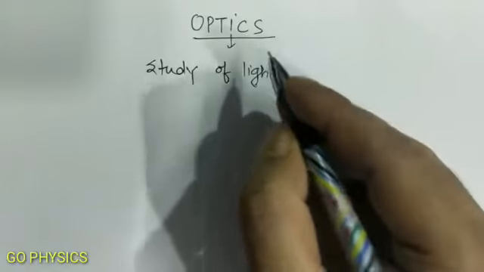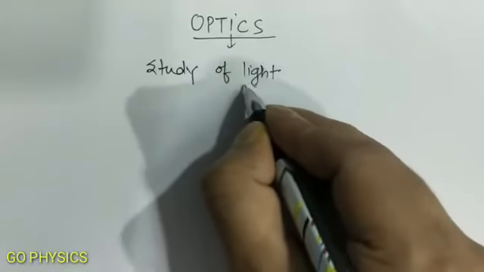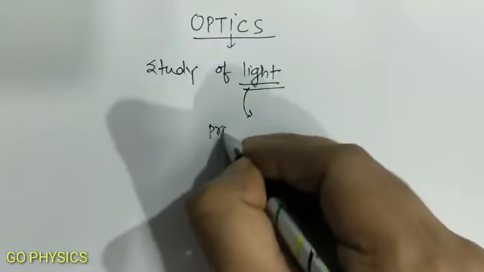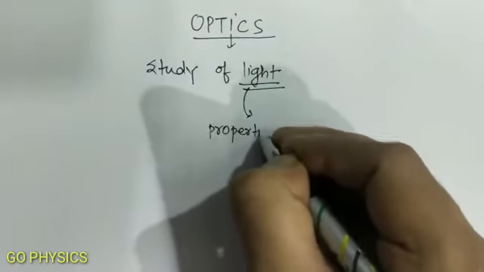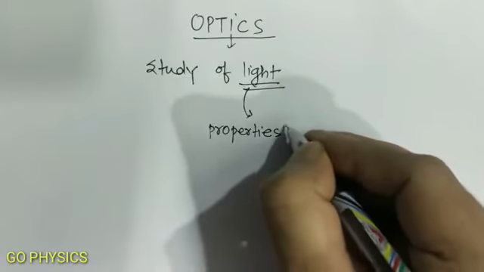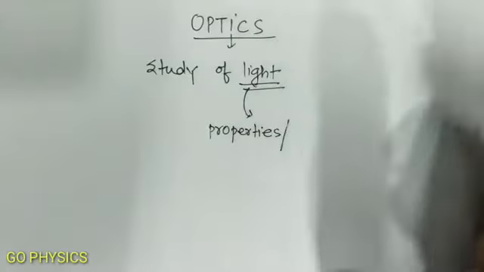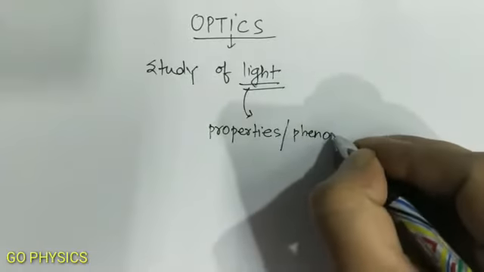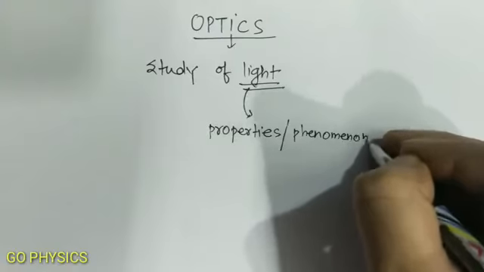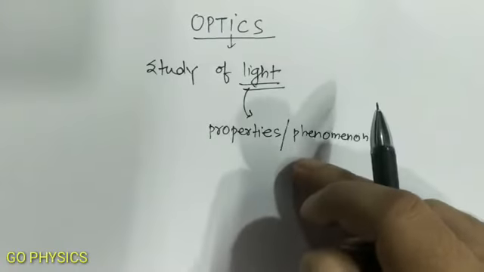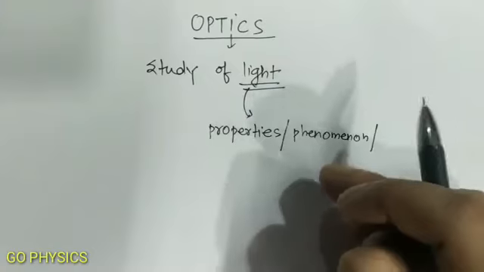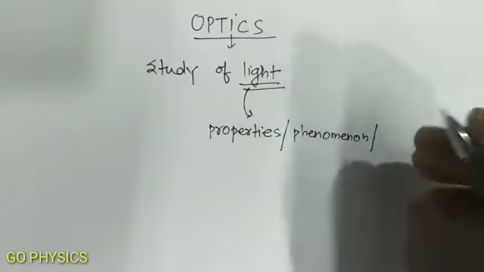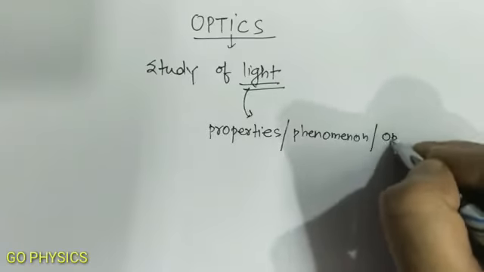And in optics we study the different properties of light, associated different phenomena like reflection, refraction, interference, diffraction, polarization, etc., and optical instruments.